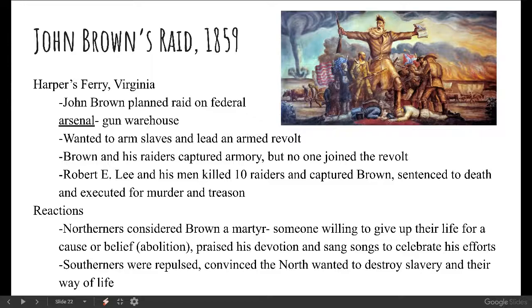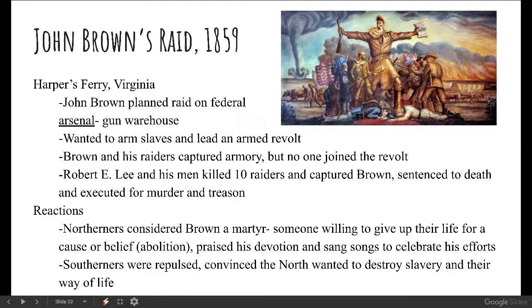So he's a pretty radical figure as far as abolition goes. But he plans a raid on a federal arsenal, which is basically a gun warehouse. He wants to get all the guns, instill a revolt against slave owners, and he's hoping to arm the slaves and lead them in this armed revolt against their owners.